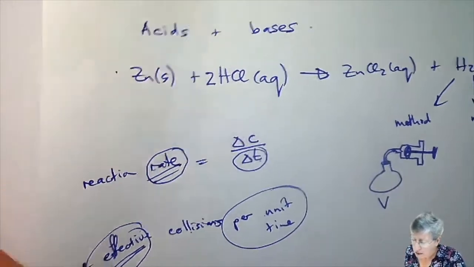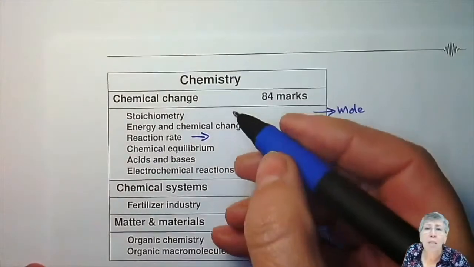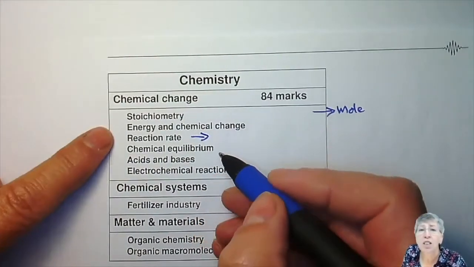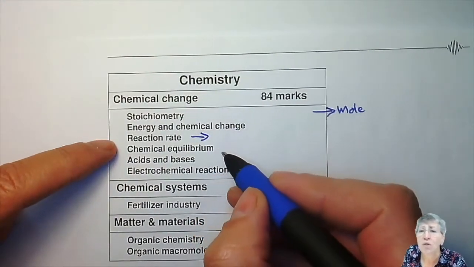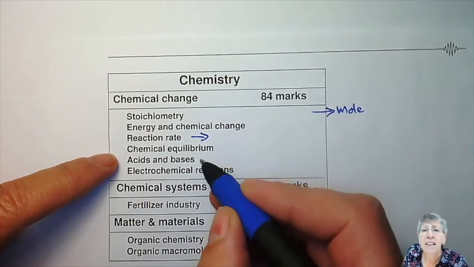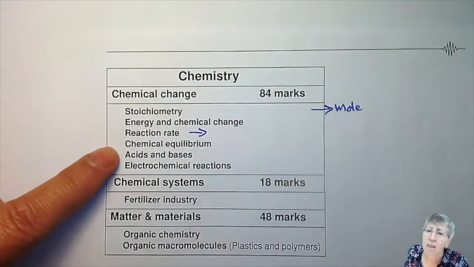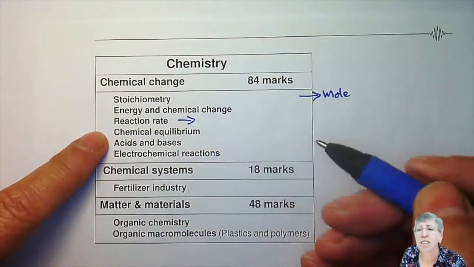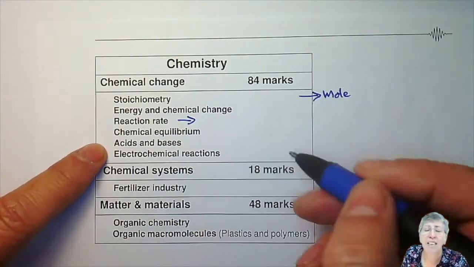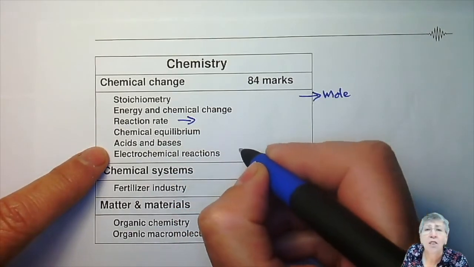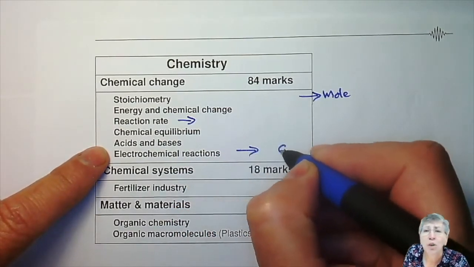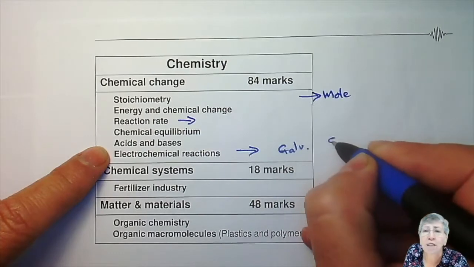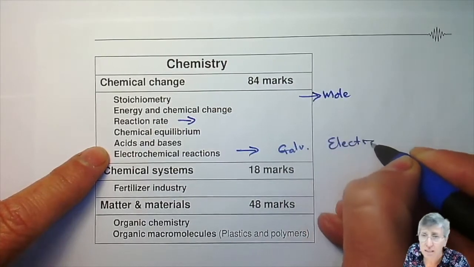Right, then moving on, chemical equilibrium. We've done a lot of that, especially go and look at the graphs, how to interpret, how to draw graphs. Acids and bases, we've looked at that as well. Just be very careful. There's small things like the hydrolysis and the choice of indicators and things like that. Electrochemical reactions, make sure you know the difference between a galvanic and an electrolytic cell, right?